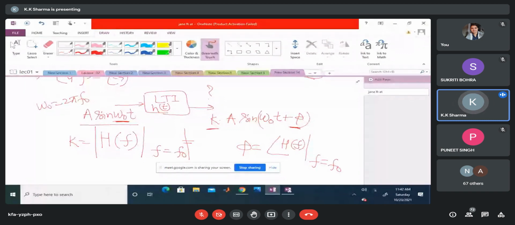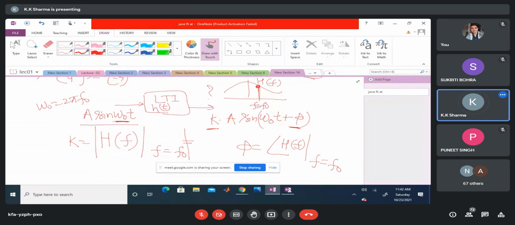So here also your Fourier transform is playing an important role. The value of the constant k by which the amplitude gets multiplied can be obtained from the absolute value of the Fourier transform evaluated at f equal to f0. In general, your frequency response h of f can be something like this, and you are sampling it at f equal to f0.